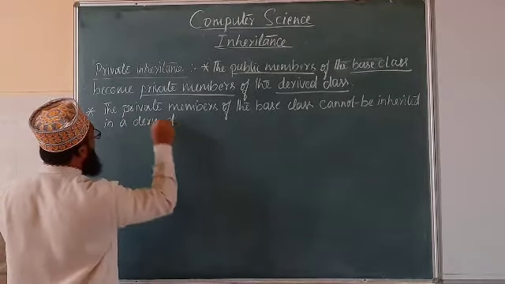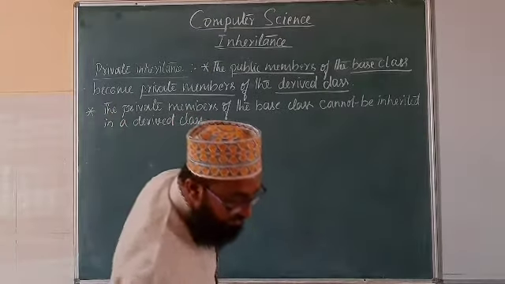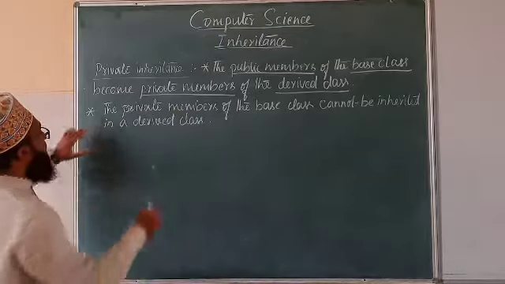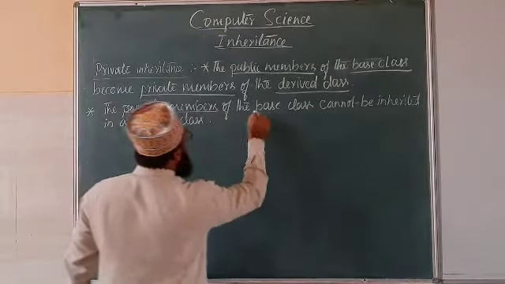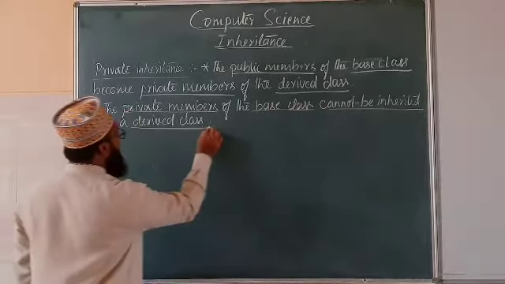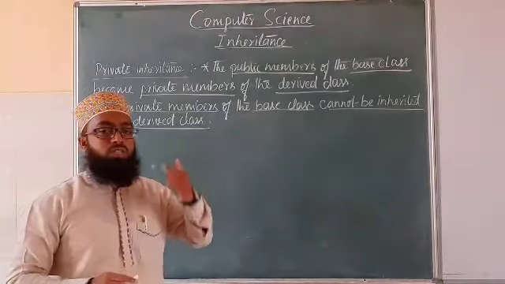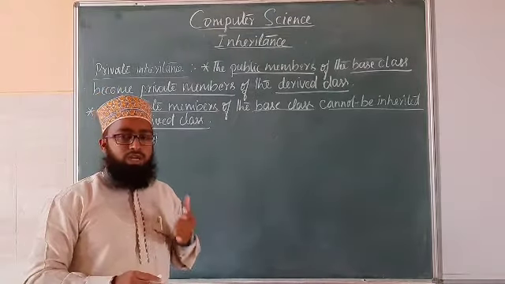Look what is happening here. The private members of the base class cannot be inherited in a derived class. The same point repeated in all the three types of inheritance.